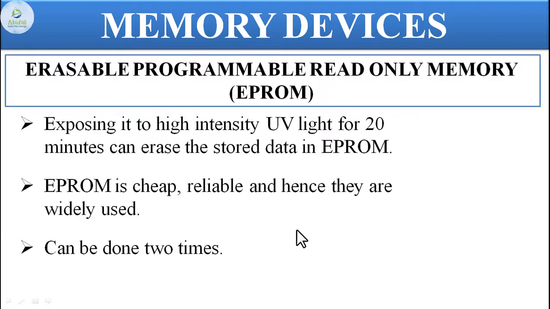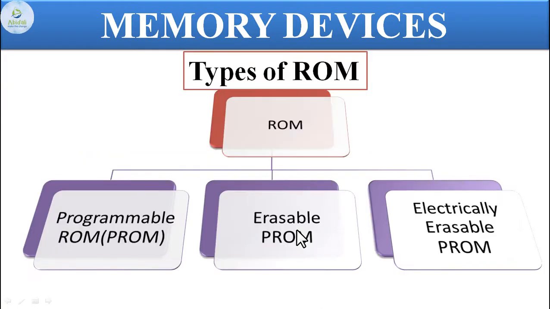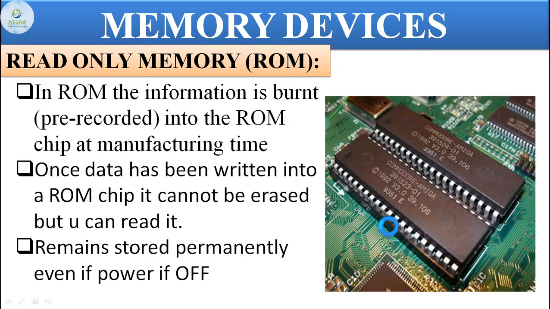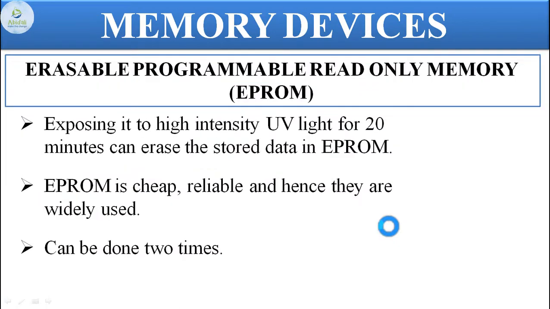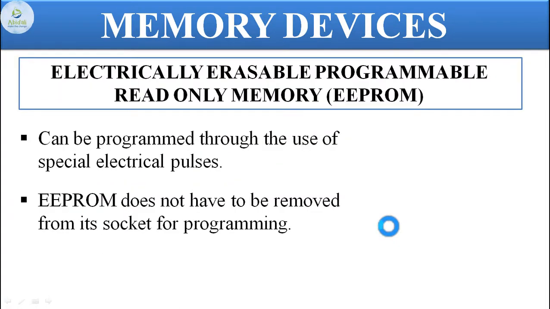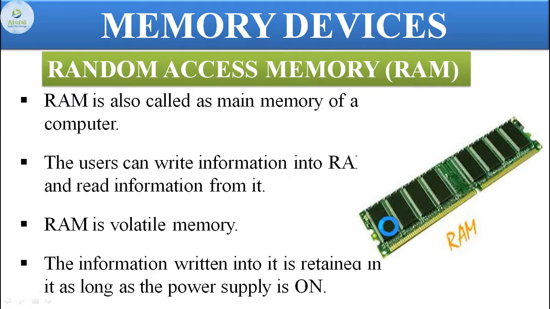I have already shown you the socket, what it looks like, onto which the ROM is placed. So while programming the EEPROM, you need not remove it from the socket. It can be programmed right there on the motherboard where it is placed.